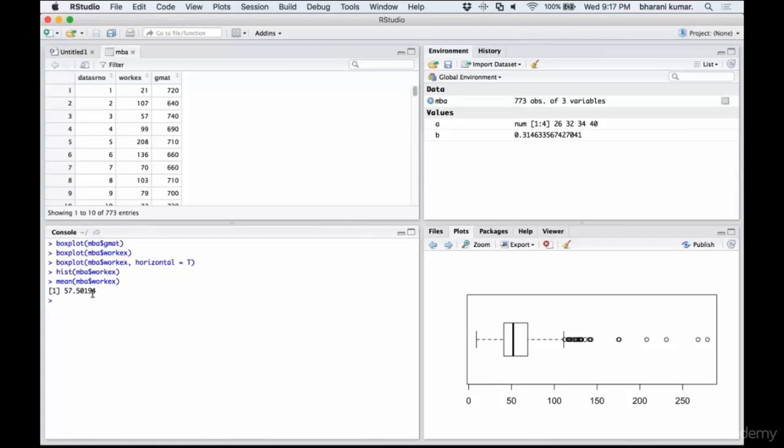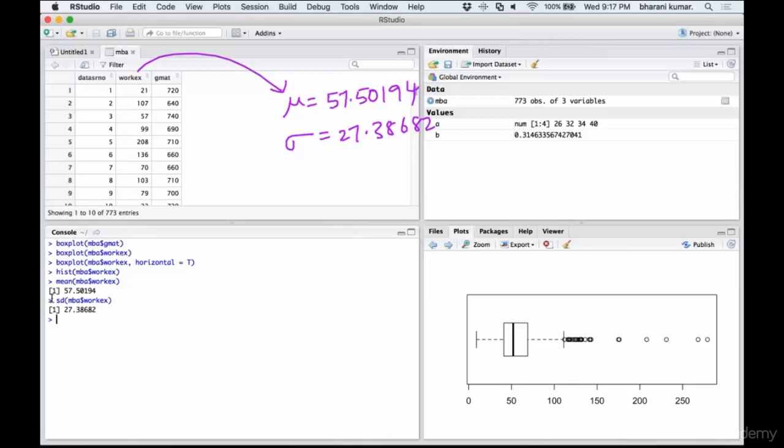It is 57.5, and if you calculate the standard deviation SD for work experience, I get 27.38. So when it comes to work experience, average is 57.50194 and standard deviation is 27.38682, right?